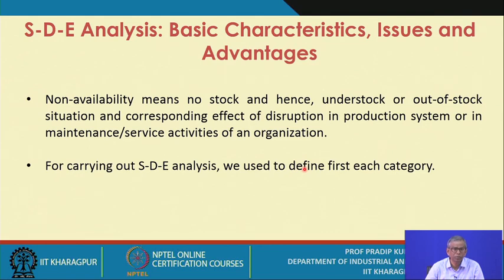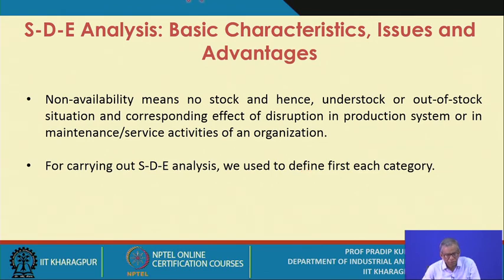As you must be aware, for carrying out maintenance activities you need many kinds of spare items, and so when we classify the items, one such type of item is referred to as MRO items. Availability of MRO items is also very important and very crucial for running a production system.